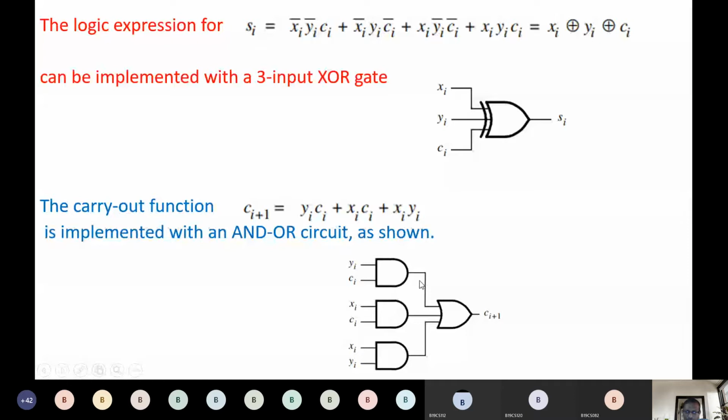To add all these three, we need an OR gate, and finally we have this expression which we call the carry out function. Okay, so the entire diagram we call an AND OR circuit. Remember, this entire circuit we call an AND OR circuit. So one we have is the XOR gate, and the other one is the AND OR circuit.